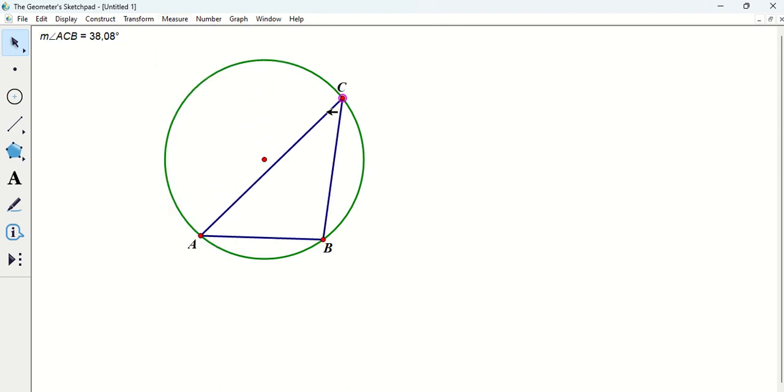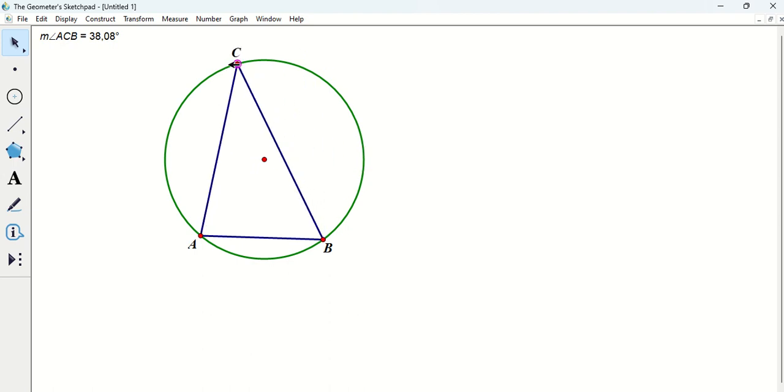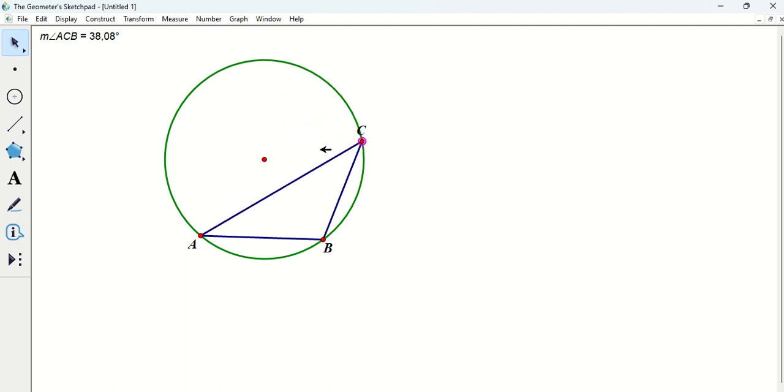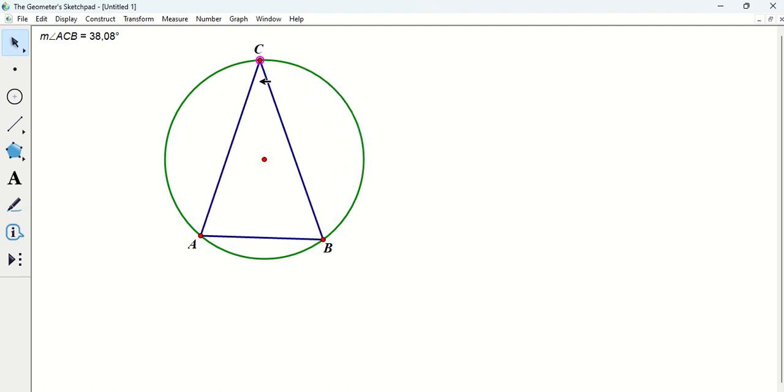So meaning wherever I move on the circumference, the angle that is formed by the chord AB will always be 38.08 degrees.